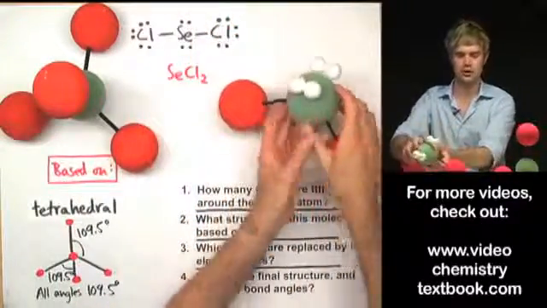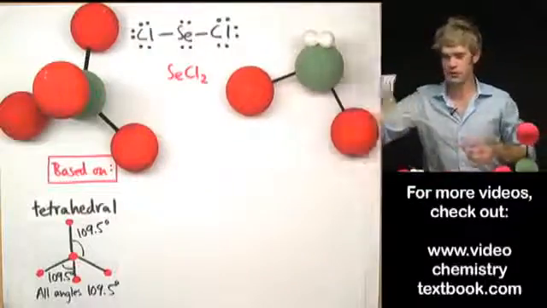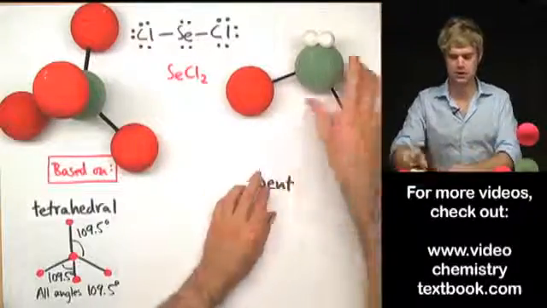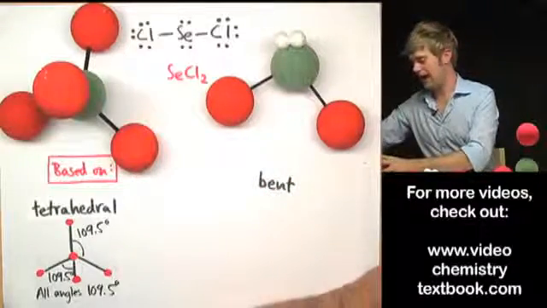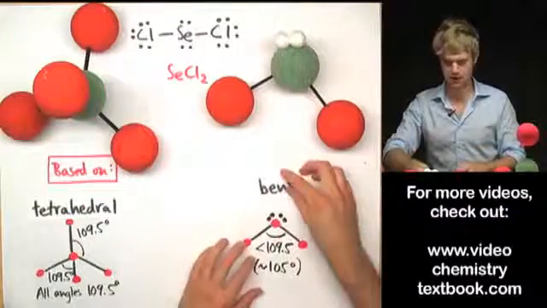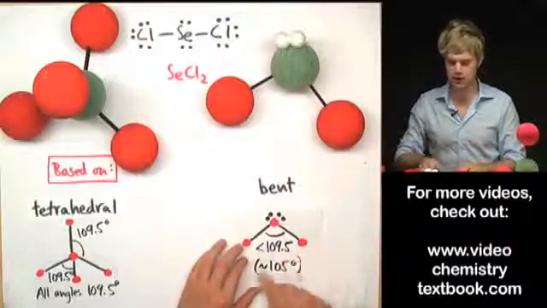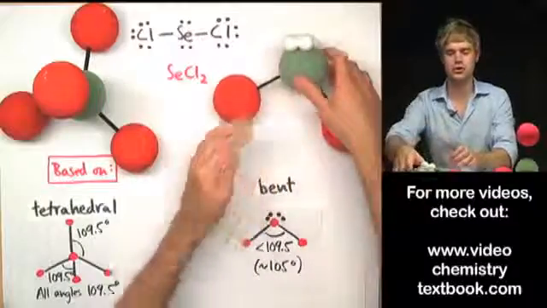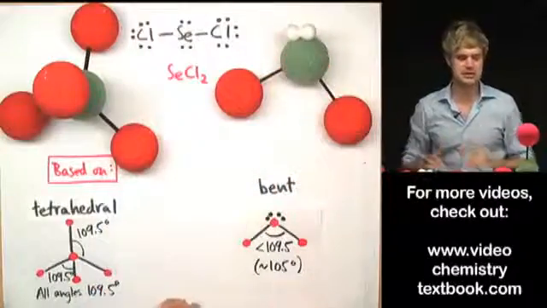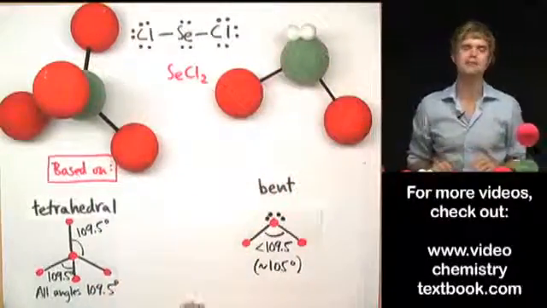Lone electron pair, lone electron pair. And this is also going to give a bent shape. And the angles between the atoms in this bent molecule are going to be about 105 degrees, because these lone electron pairs are pushing pretty hard against these 2 atoms. So that's what we're going to get.